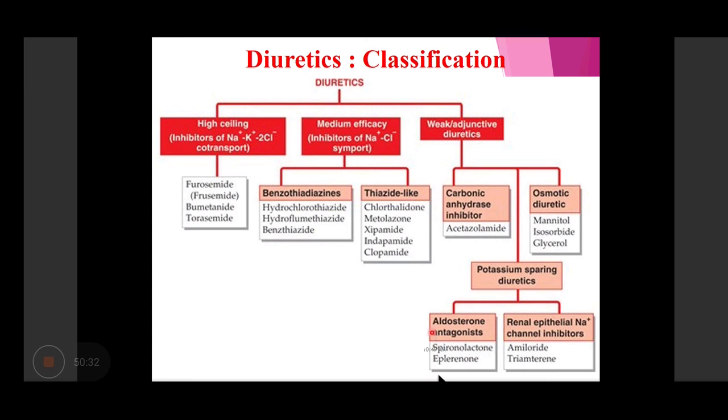So these are aldosterone antagonists. And then renal ENaC. ENaC is epithelial sodium channel inhibitors. So renal ENaC inhibitors, amiloride and triamterene. Okay, so this is where we will start from next time.